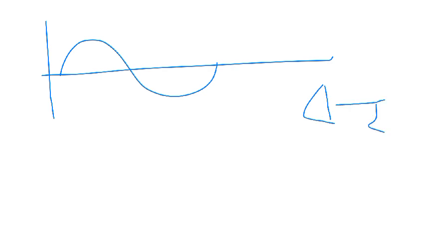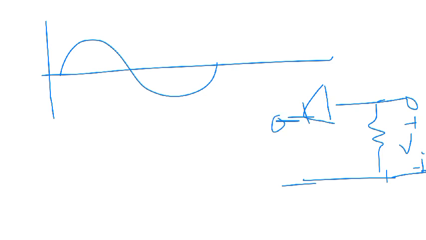When we apply the input, our circuit looks like this, so we can draw the circuit here also. This is our circuit. Output we are taking here, V0, and this is the negative terminal.